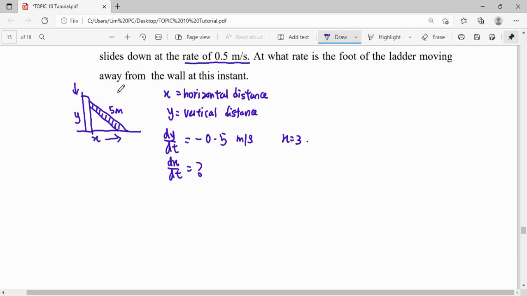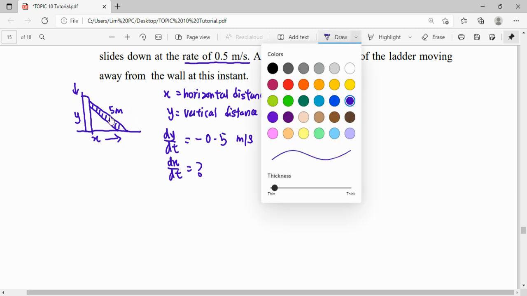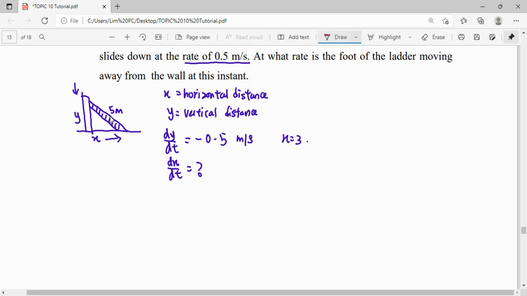So what's the formula to use here? As we can see, our shape here is a triangle with the height and the base of the triangle also given. This means from this diagram we can use the Pythagoras theorem. So from here we can build up a formula, where x squared plus y squared equals 5 squared. So our formula will be x squared plus y squared equals 25.